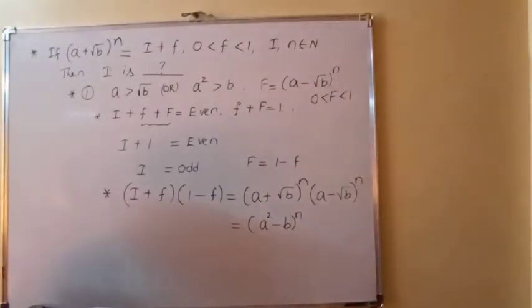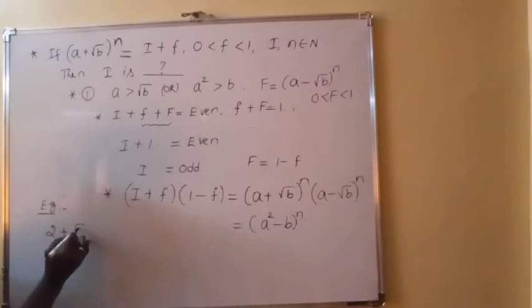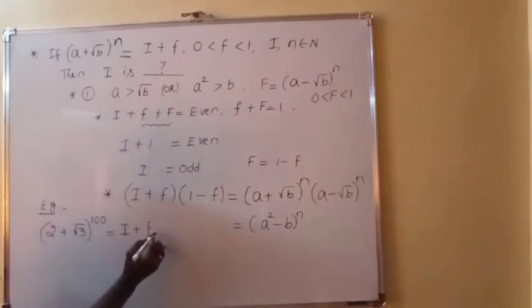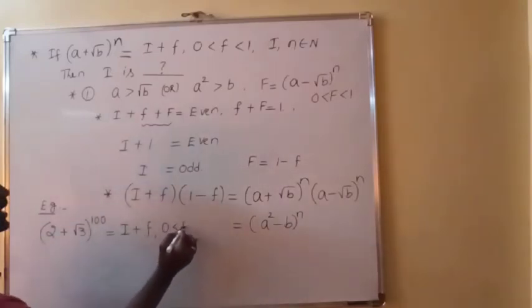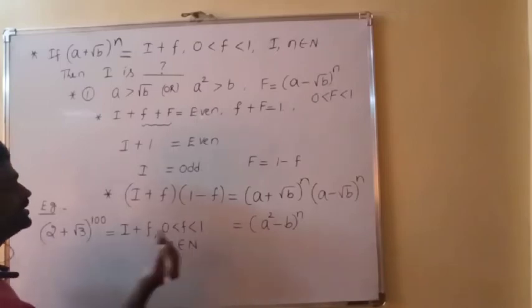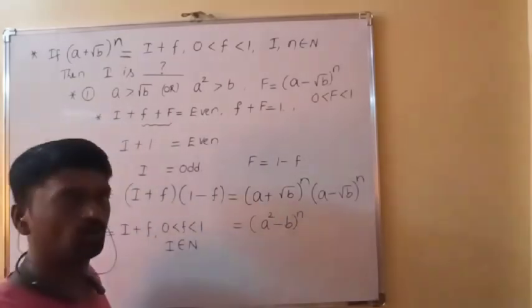So now look at the example. Given that (2 + √3)^100 = I + f for 0 < f < 1, and I is a positive integer, that means I is a natural number. Then tell me what kind of number I is, odd or even.